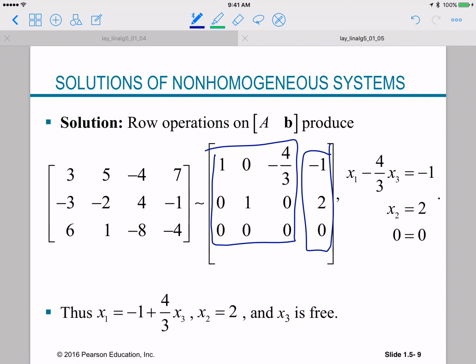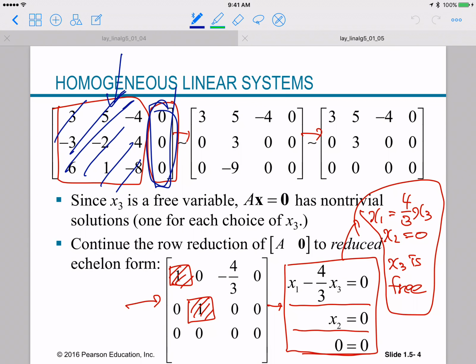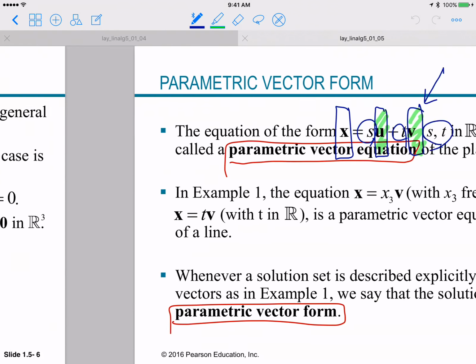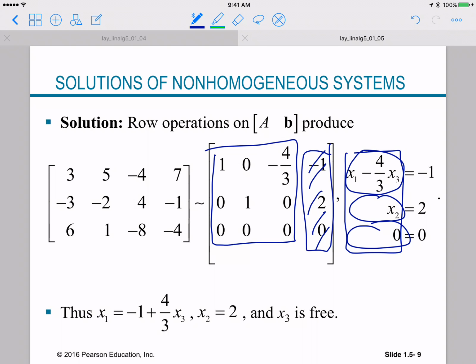If we compare this case with the homogeneous version, this part of the reduced echelon form will stay the same regardless of the vector b. So the only changing part is this. We still have the same expression, but the last part, the right-hand side, is some non-zero values.